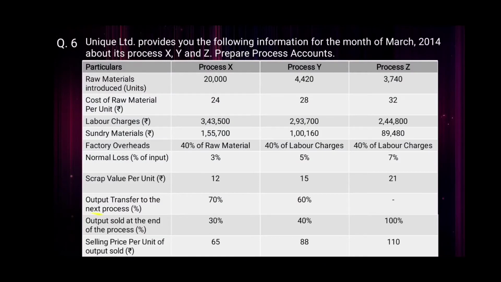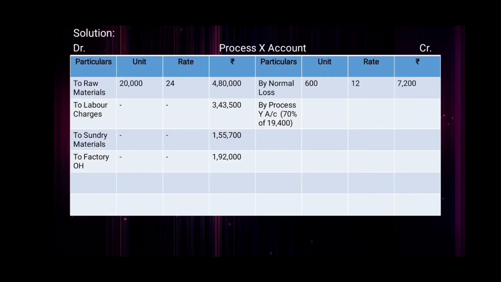Now output transferred to the next process for process X is given 70%. By process Y account, that is 70% of 19,400, which will be 13,580. Rate amount we have to calculate it.